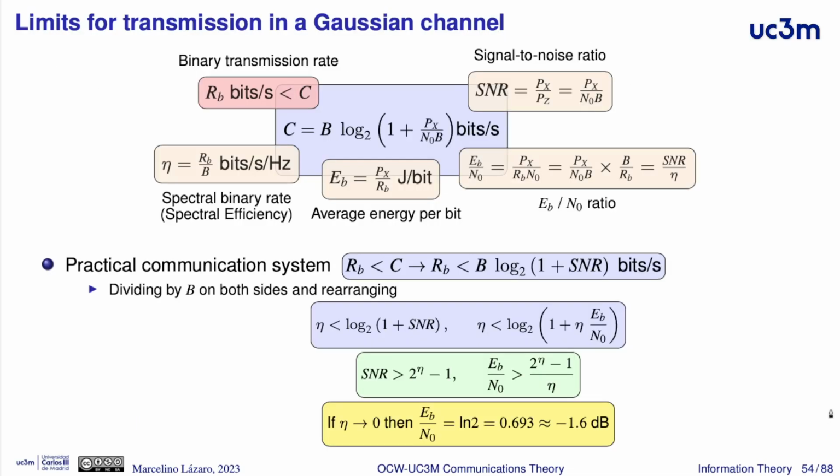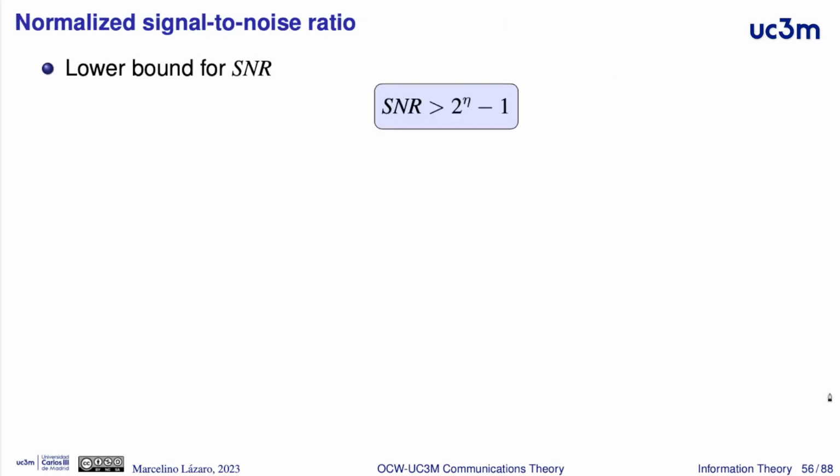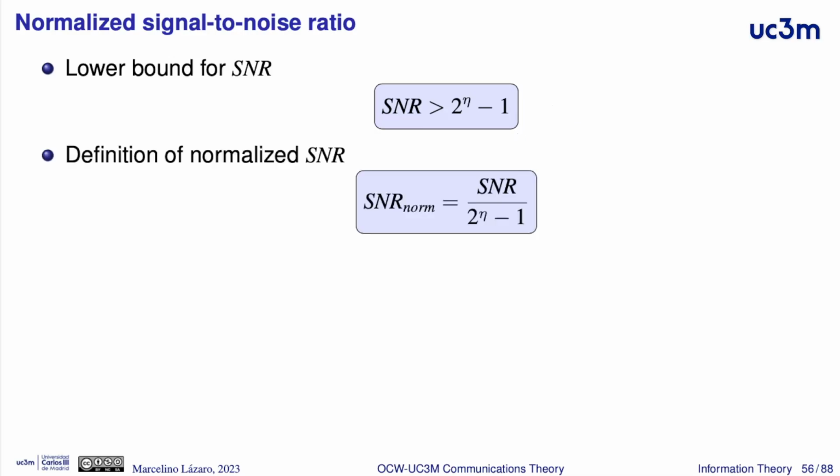If we come back to these expressions, here we have a limit for the signal-to-noise ratio. The signal-to-noise ratio must be above 2 to the power the spectral efficiency minus 1. This is a lower bound for the signal-to-noise ratio. Because of this, in some cases, there is a definition for the normalized signal-to-noise ratio as the ratio between the signal-to-noise ratio and this bound.